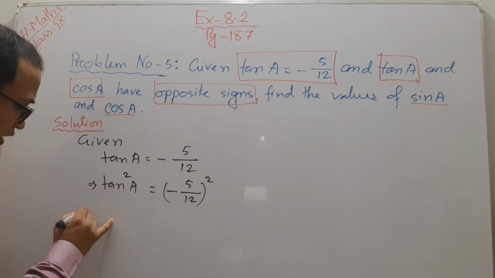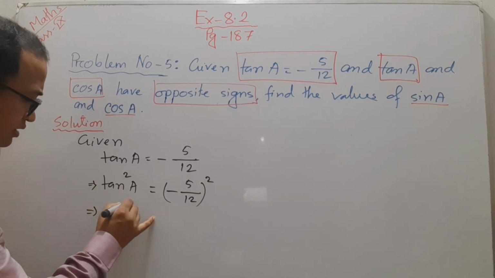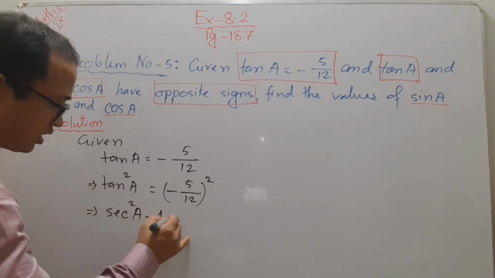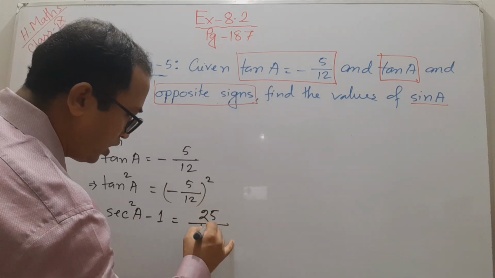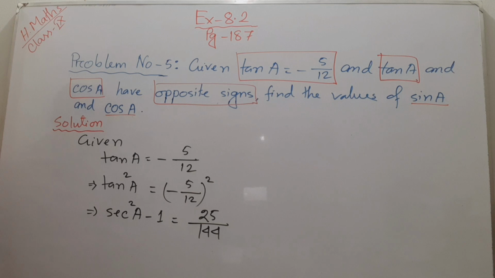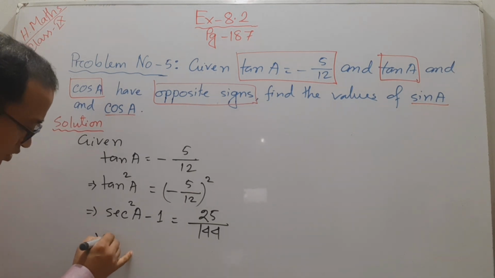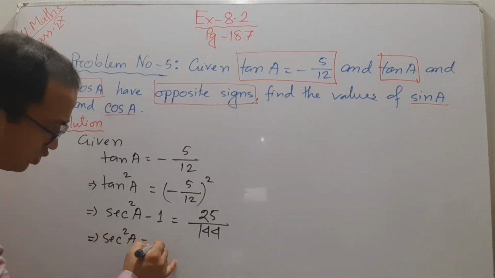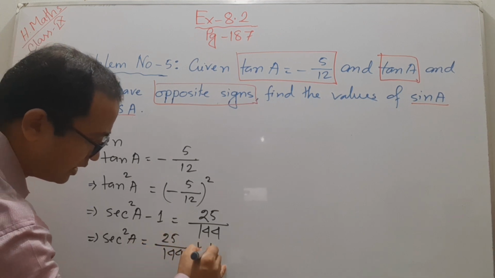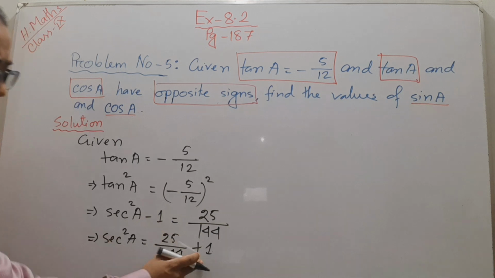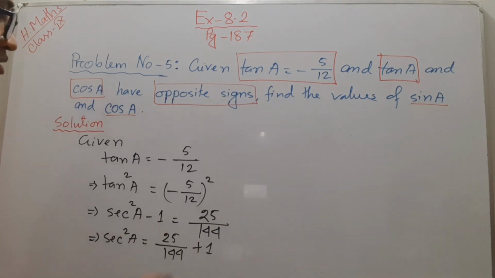Now tan square A is equal to sec square A minus 1, and it will be 25/144. Now sec square A will be 25/144 plus 1. This 1 comes to this side and it will be plus sign.